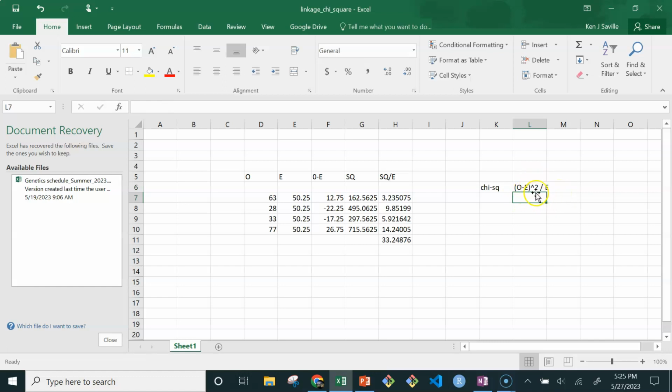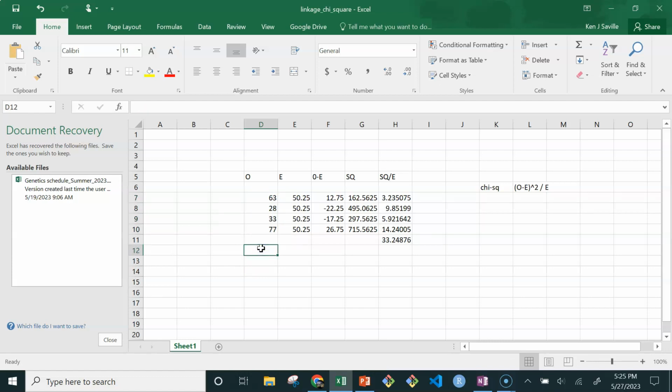O minus E squared over E. So O is the observed number. Whenever you do a chi-square experiment, you're going to get some observed numbers. And so those are always easy. You just take what you observe and you put them in the observed column.